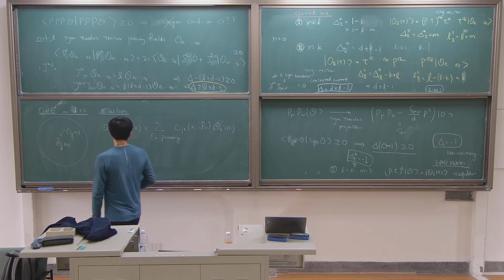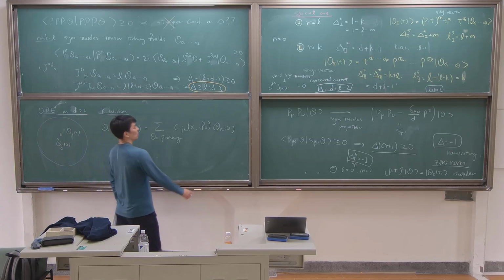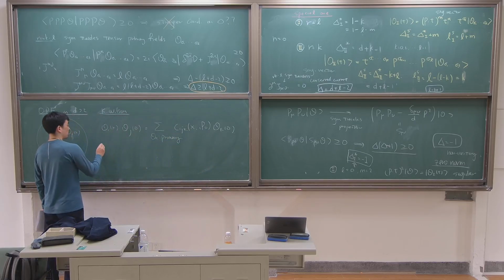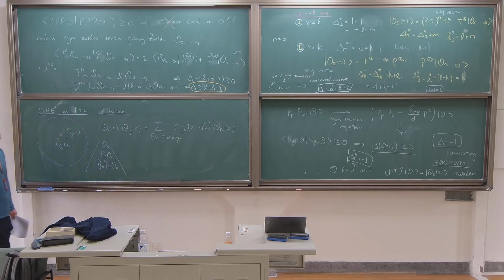So this is the operator product expansion. All the states come from the primary operator K and its descendants. So this one module is coming from that.